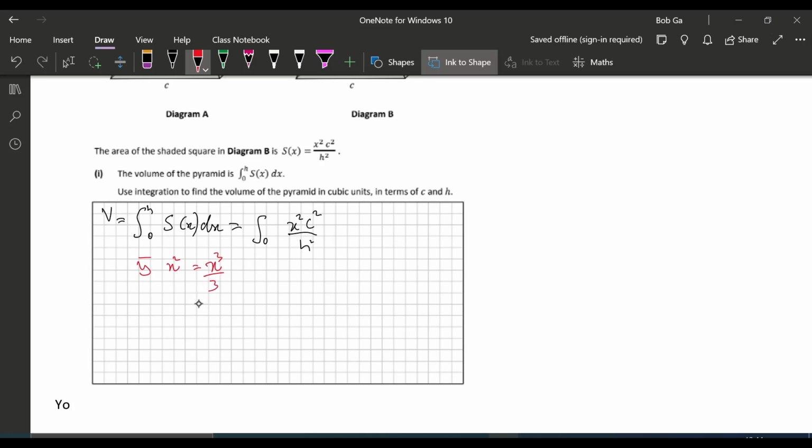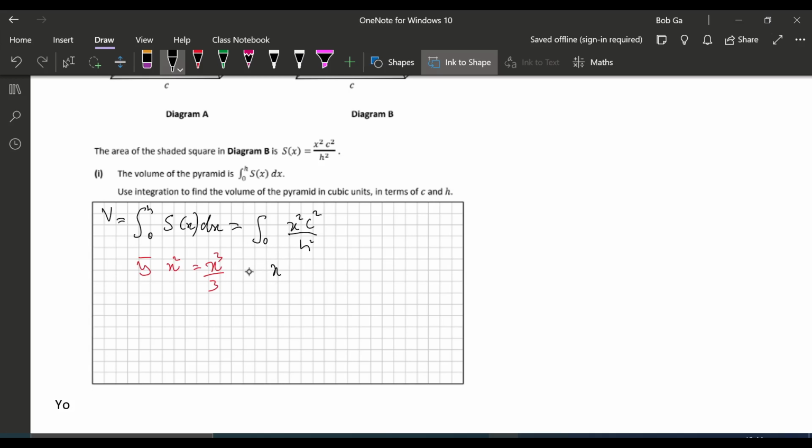So we now need to use this to substitute in there. Going back to my block, in the place of x squared, we're going to substitute this one. So in the place of x squared, we have x cubed.